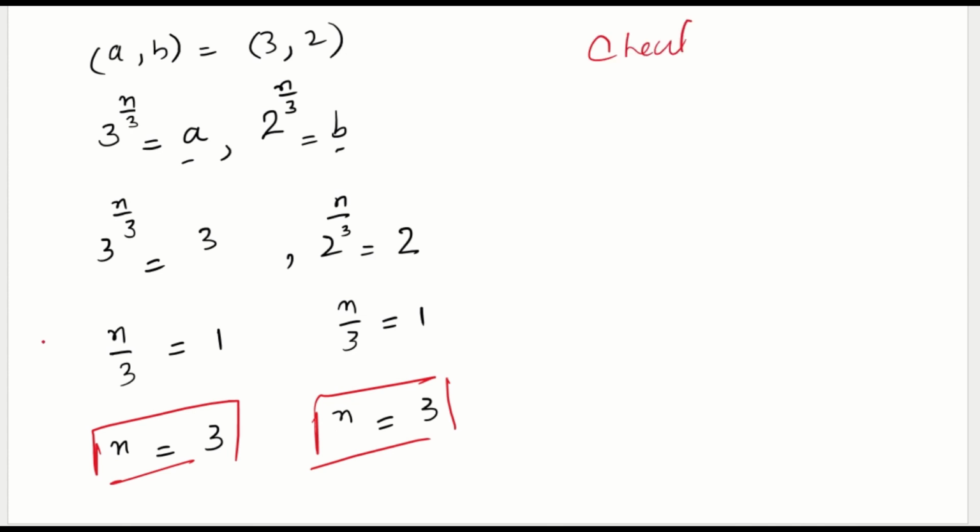We will consider it. Now we need to check whether this value is correct or not. We will use our exponential equation, 3 to the power n plus 2 to the power n is equal to 35.